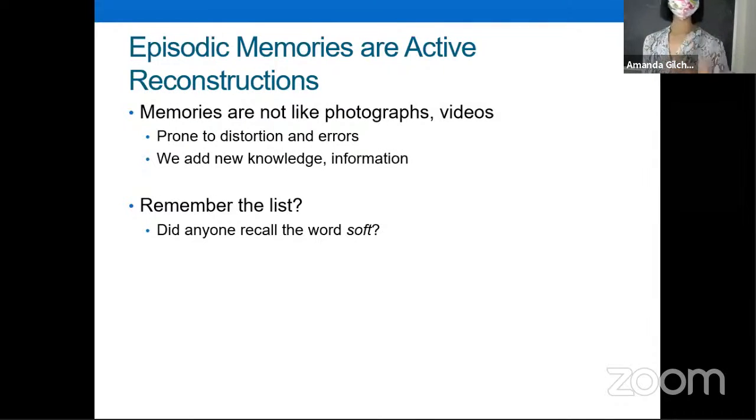Now, here's one other way that we can see that our memories are like active reconstructions. So here's what I'd like you to do. I want you to think about a memory that's happened to you pretty recently. Every single one of you, whether you're on Zoom or in class, think of something very recent that has happened to you.